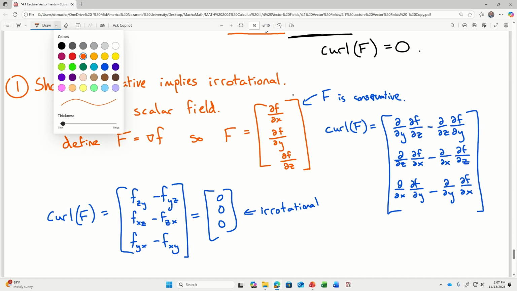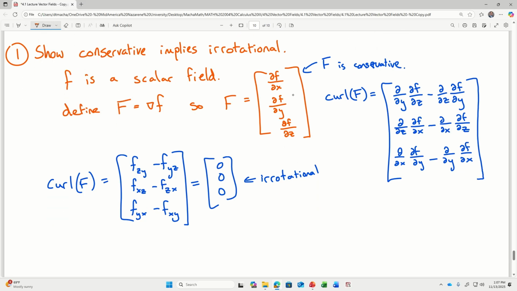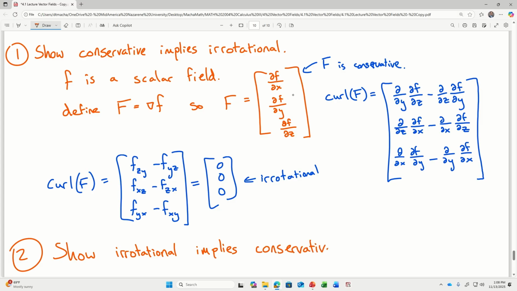The other side of the coin is to show that a field being irrotational, meaning that the curl is equal to 0, implies that it must be a conservative vector field.